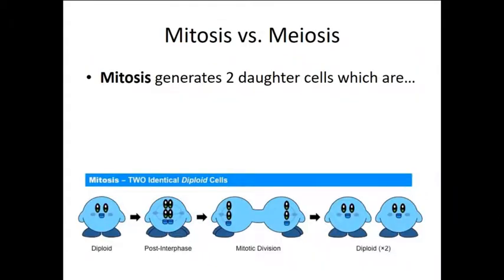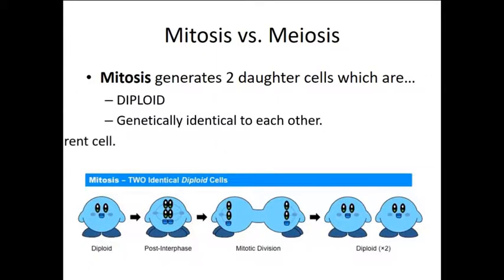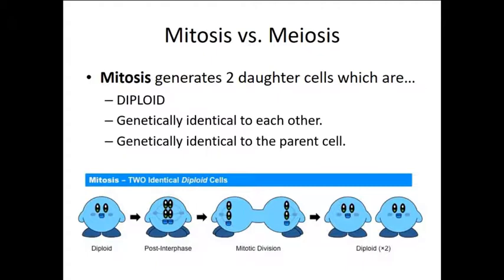It's good to just stop and pause and contemplate the difference between meiosis and mitosis. In mitosis, we generate 2 daughter cells, which are diploid, genetically identical to each other, and genetically identical to the parent cell. And I just really like this cute little guy here. Here's a diploid little guy. Chromosomes, lips, eyes are all duplicated.